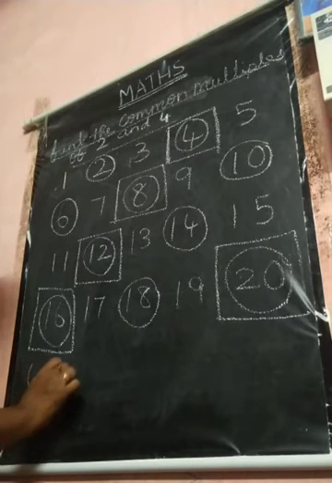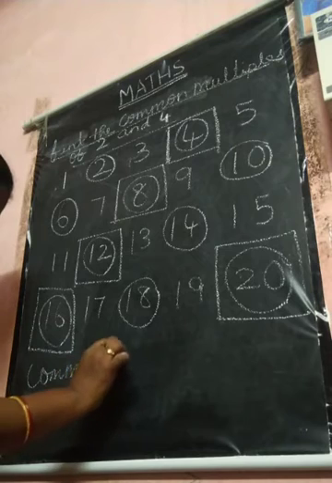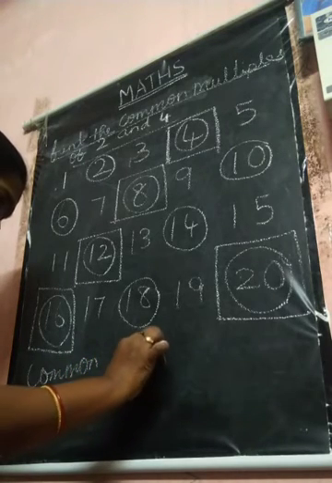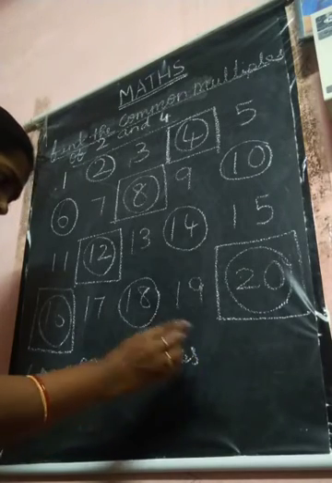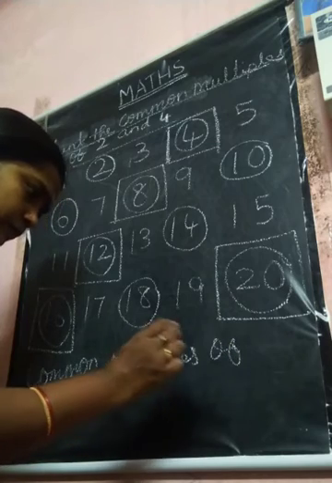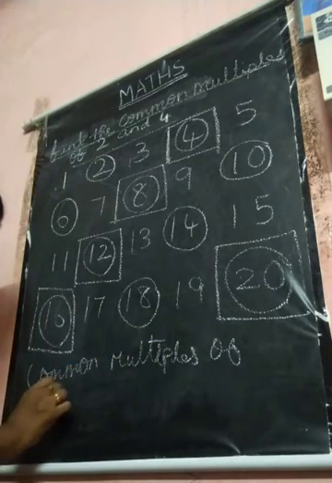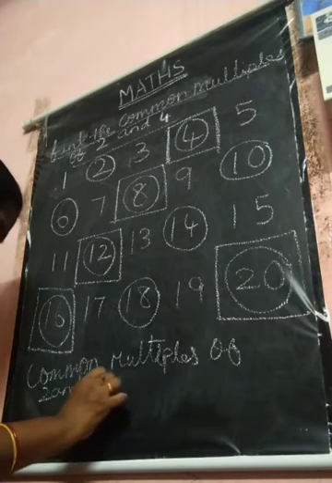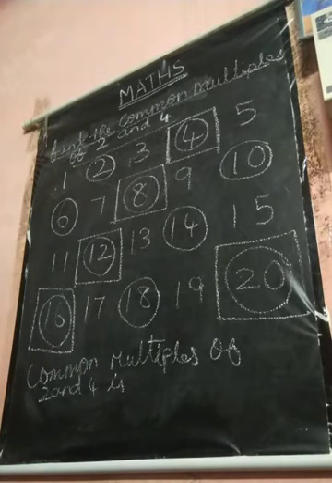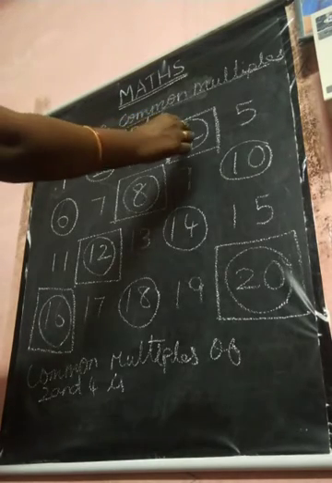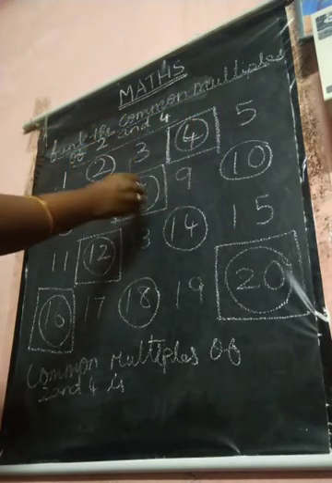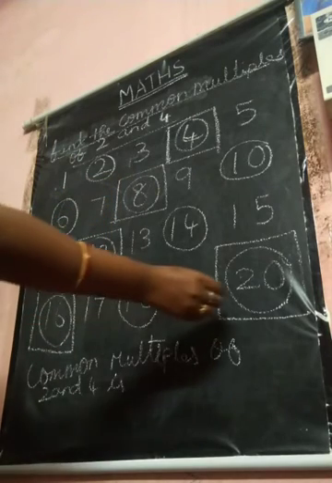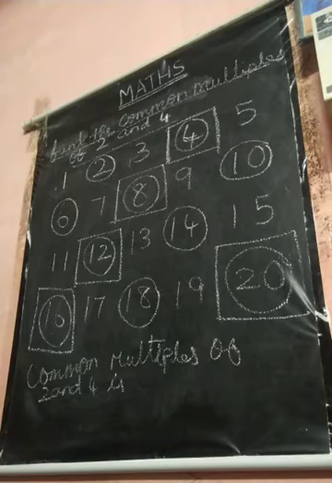You take it and write: common multiples of 2 and 4 is... Where both the square and circle came, that is the common multiple. This 4 came in the 2 table and the 4 table. So 4, 8, 12, 16, 20 are the common multiples of 2 and 4.